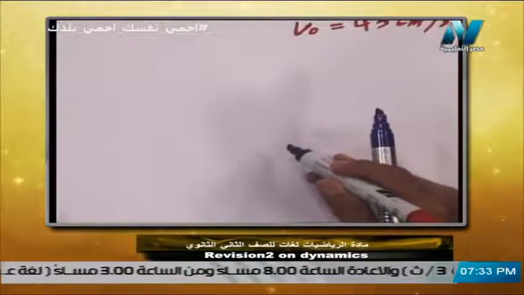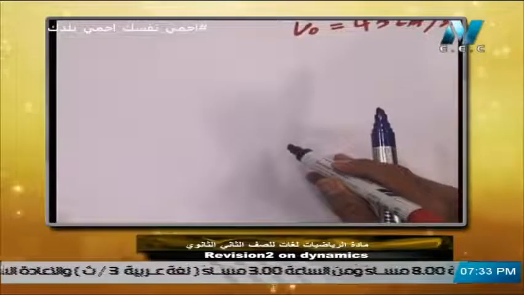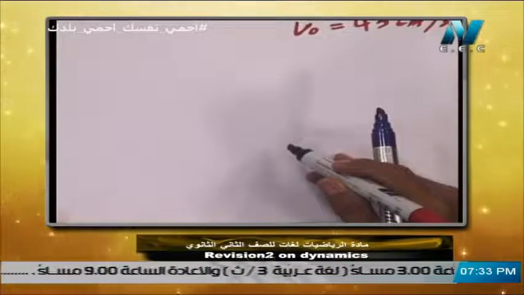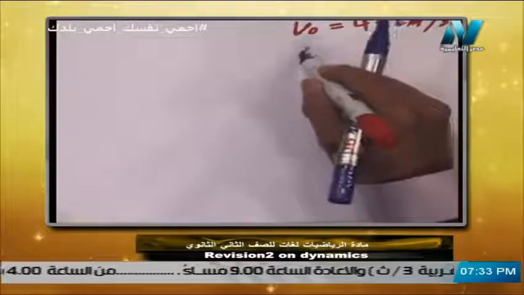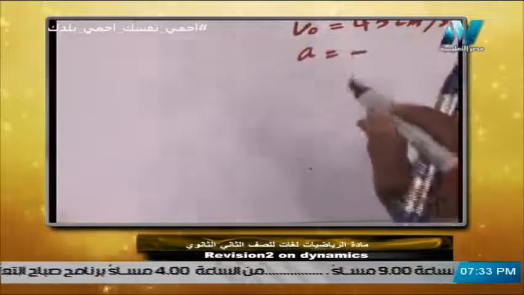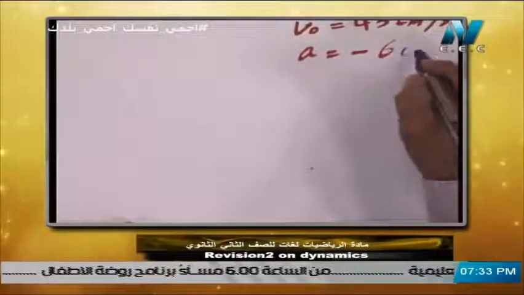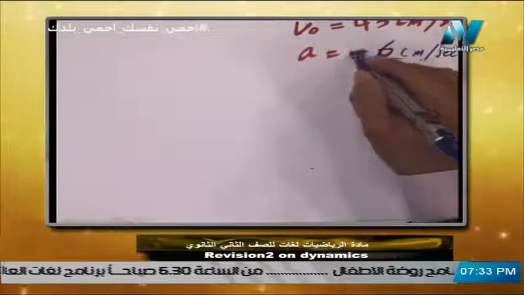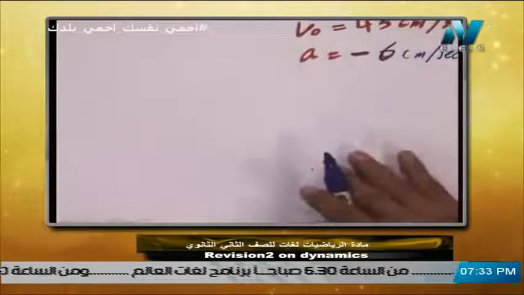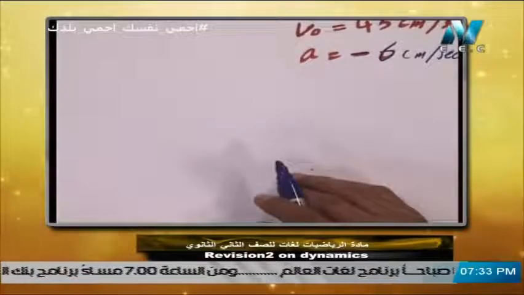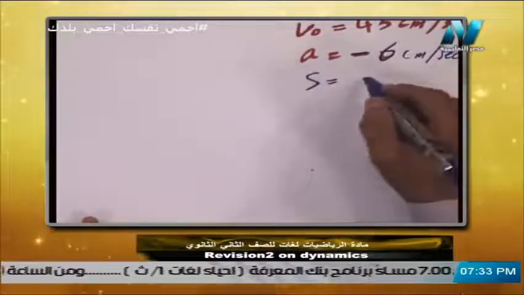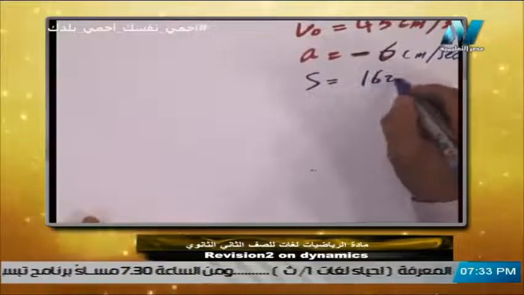Straight line with uniform deceleration means that A equals negative 6 centimeter per second square. It's negative because it is a deceleration. And S equals 162 centimeter.